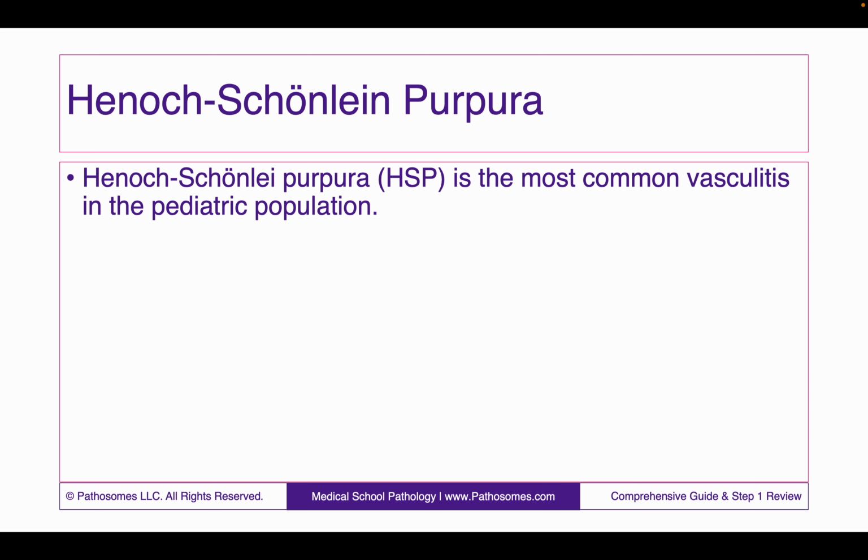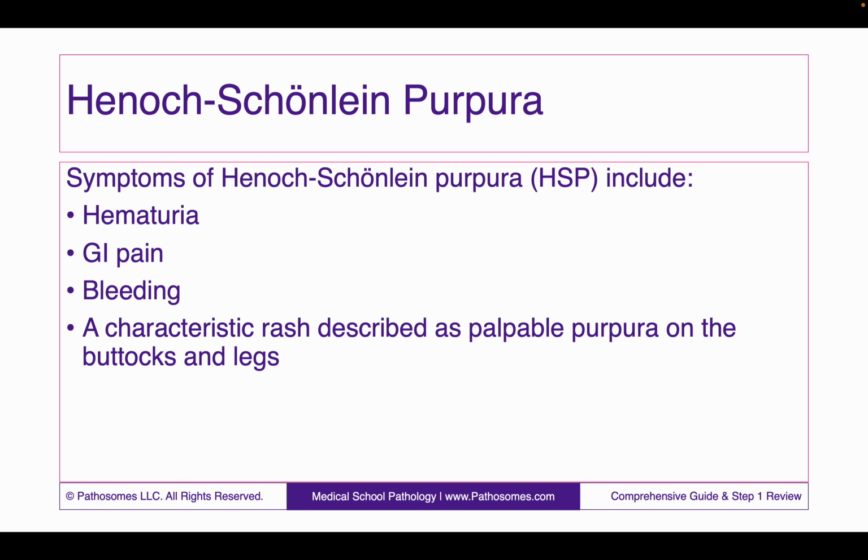Henoch-Schönlein purpura is the most common vasculitis in the pediatric population. Symptoms of Henoch-Schönlein purpura include hematuria, gastrointestinal pain, bleeding, and a characteristic rash described as, buzzword, palpable purpura on the buttocks and legs.